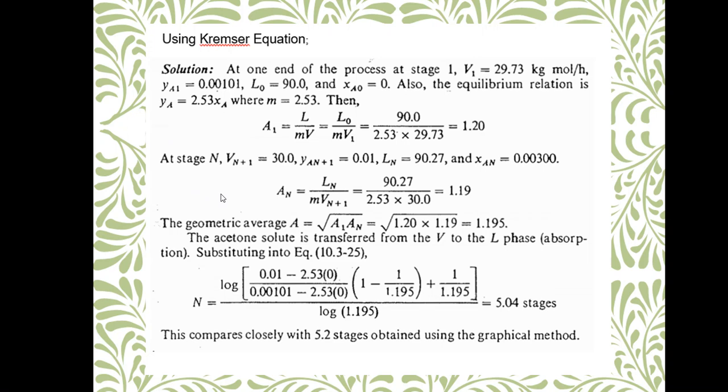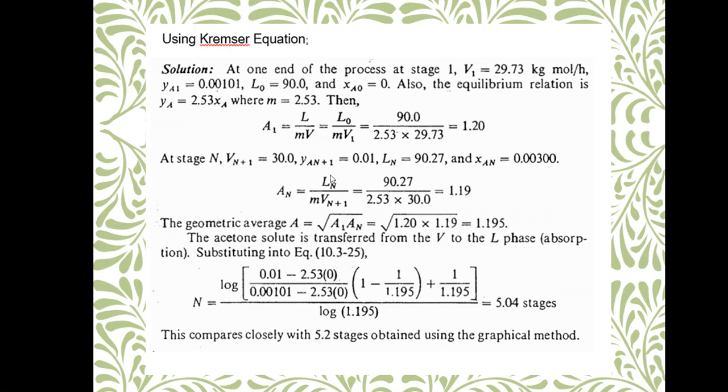Now, we will solve the value of the absorption factor in the upper part of the column, the L0 part. The upper part of the column is said to be the concentrated part. So, L0 over MV1. We just substitute the values we got. That's 1.2.